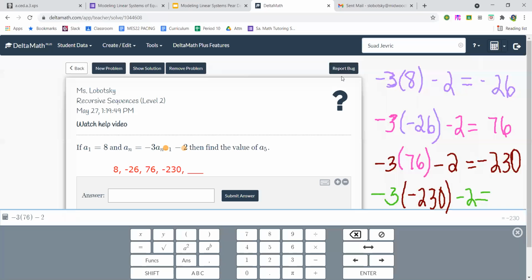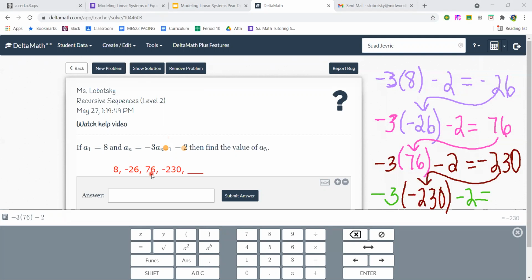Thank you for asking for clarification on this. So we're taking our previous term. So this means previous term. So to get -26, I take -3, I multiply it by 8, because that's our previous term, and then I subtract 2 to get this term here.